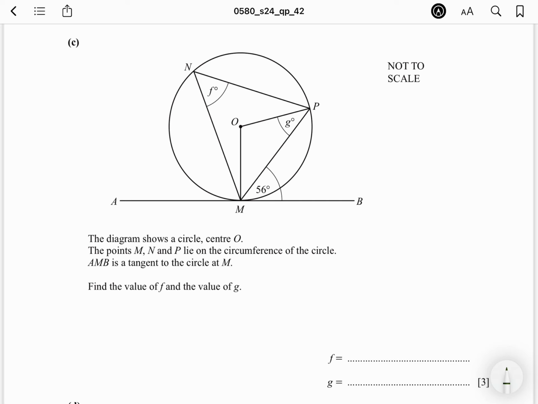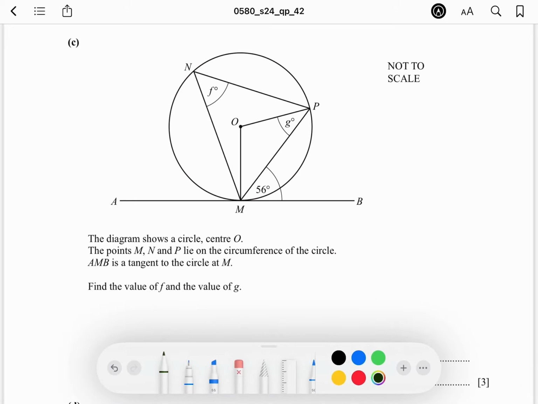So you use that property that there are angles in isosceles triangle, and because there are angles on an isosceles triangle, that means angle OPM is G, equals to OMP. This one is G as well.